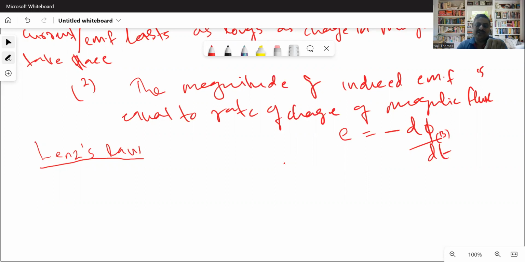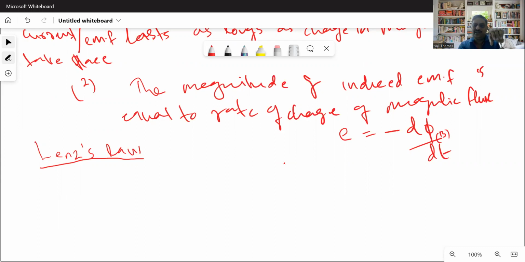Okay, while moving bar magnet towards the coil, magnetic flux through it increases. So induced EMF tries to push away the bar magnet. Okay. In other way, when the bar magnet is moved into the coil, magnetic flux through the coil increases. So induced EMF tries to decrease the magnetic flux.